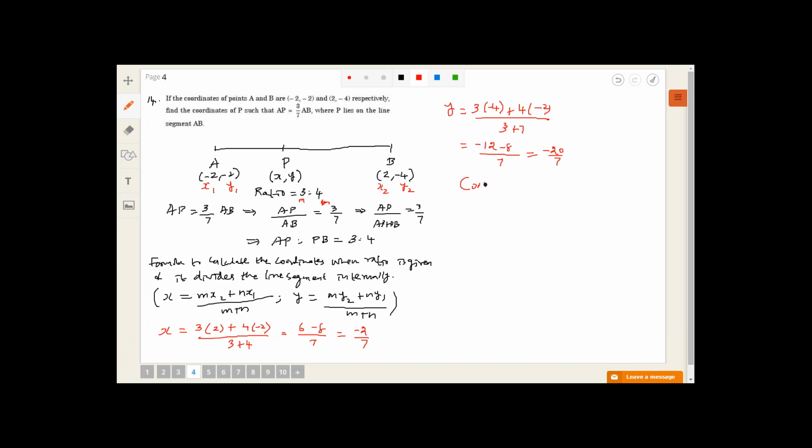So the coordinates of P x comma y is equal to -2 by 7 and -4 by 7.